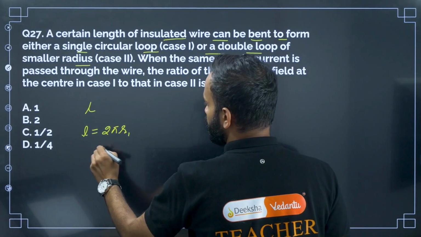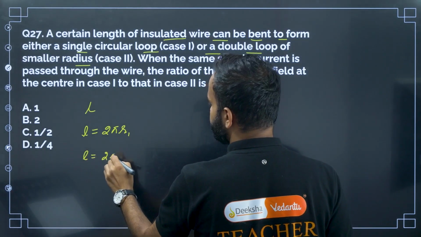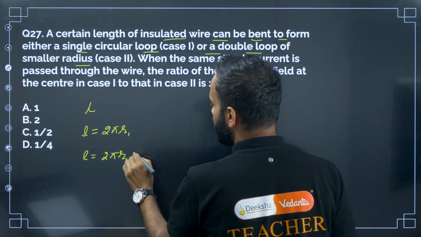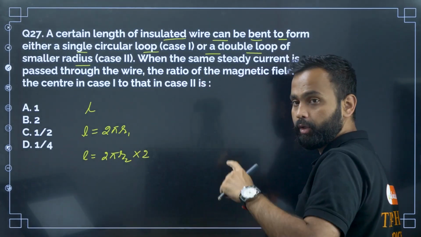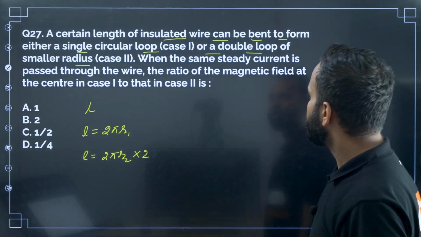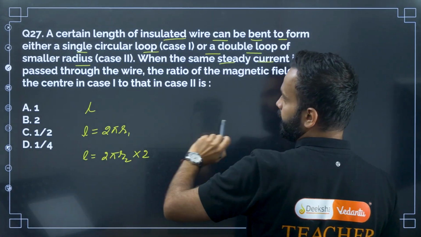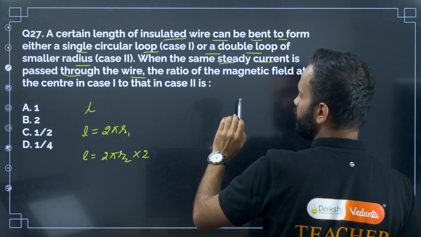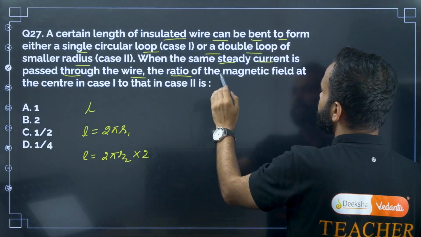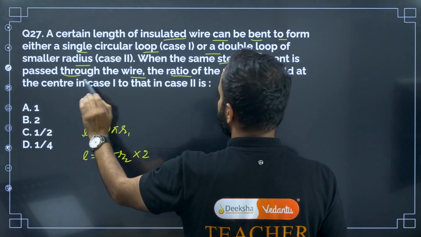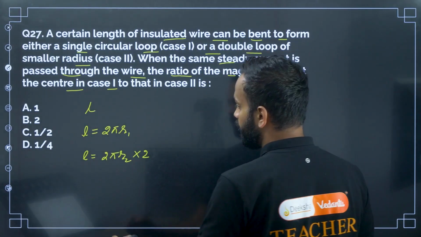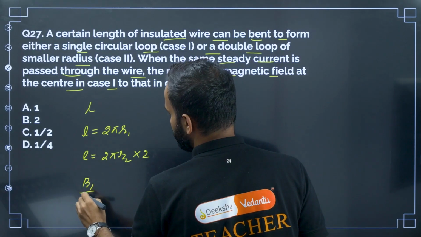So L equals 2 pi r2 into 2, since there are 2 loops. When the same steady current is passed through the wire, the ratio of the magnetic field at the center in the first case to that of the second case, B1 divided by B2, we need to find.